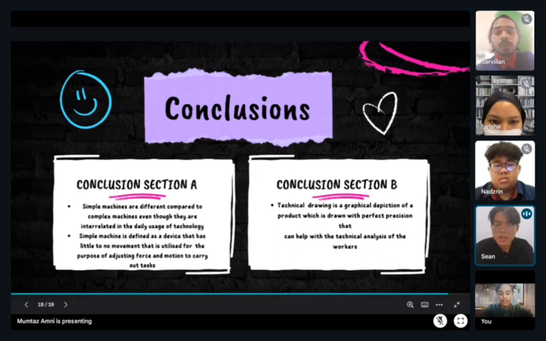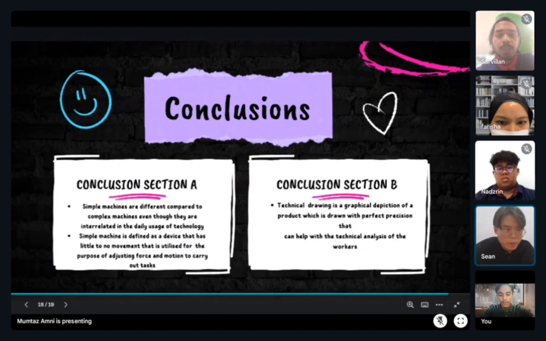Simple machines are different compared to complex machines, even though they are interrelated in the daily usage of technology. Simple machines are defined as devices that have little to no movement and are utilized for adjusting force and motion to carry out tasks.